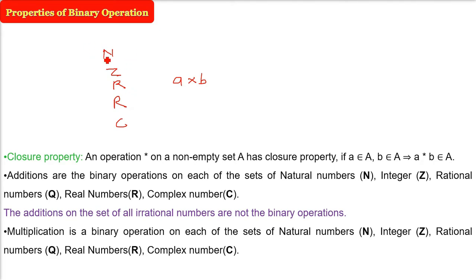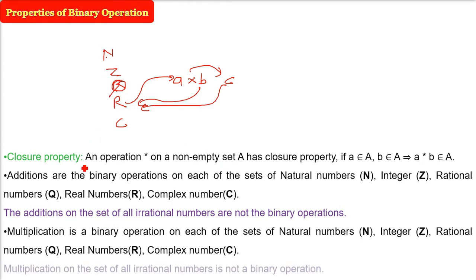For example, these natural numbers, integers, rational numbers, let us make it Q to be more precise, Q for quotient, and the real numbers and the complex numbers. Let us say a we have taken from real numbers, b we have taken from real numbers, and we multiplied these two numbers. The result should be from the real numbers. It should be in this set. So the multiplication is also holding here for N, Z, Q, R, C, but multiplication is not valid for irrational numbers. It's not a binary operation.